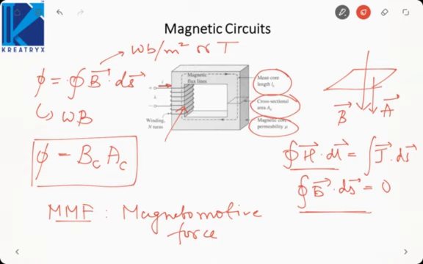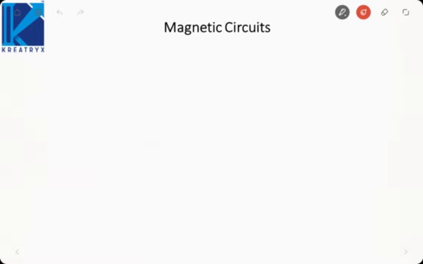Now, this flux is being developed due to the current flowing in the winding. Flux is only being developed because of the current flowing in the winding. That means the MMF should contain the term current, because current is responsible for the development of flux. So MMF is nothing but the number of turns into current, Ni. N is the total number of turns in the winding, and I is the current.